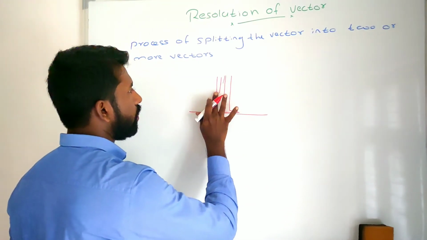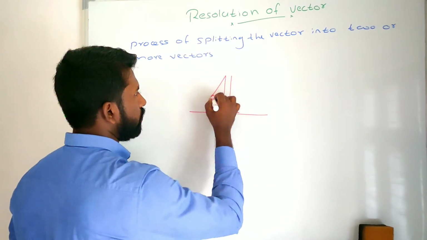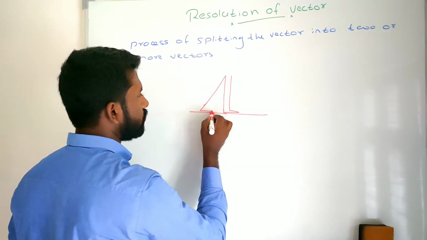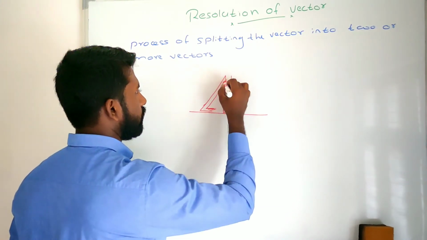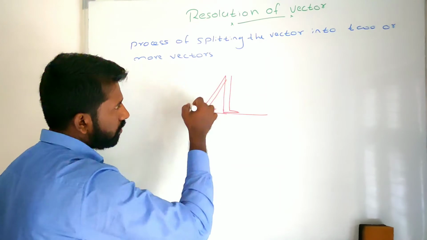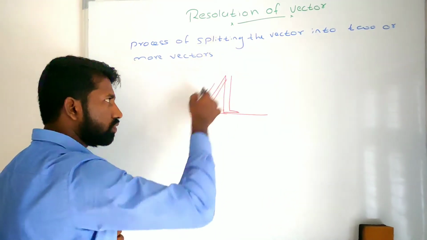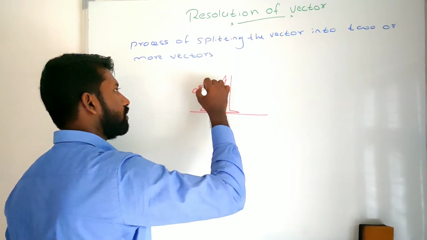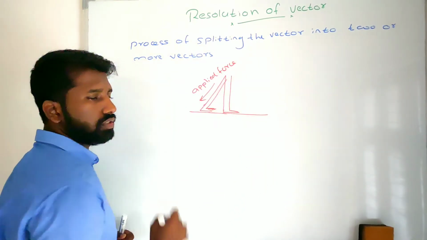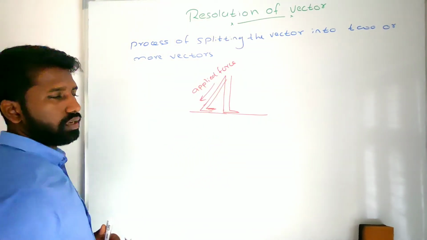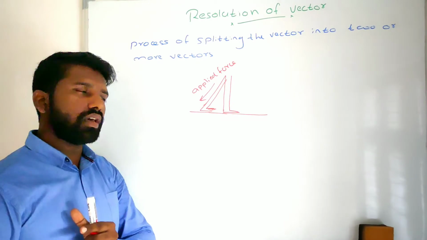If you want to move in the forward direction, you have to exert a force at a slope, like this. So your back leg has to exert a force in this direction, that is the applied force. Due to this force, you are moving in the forward direction.